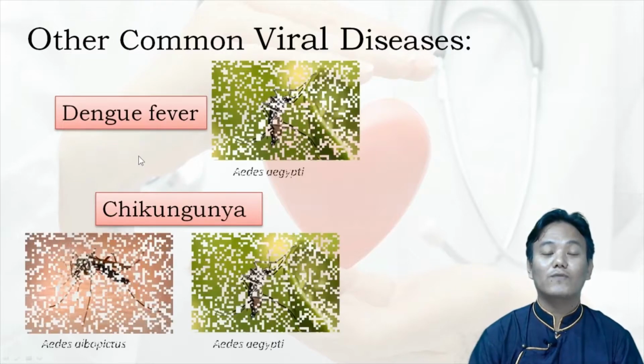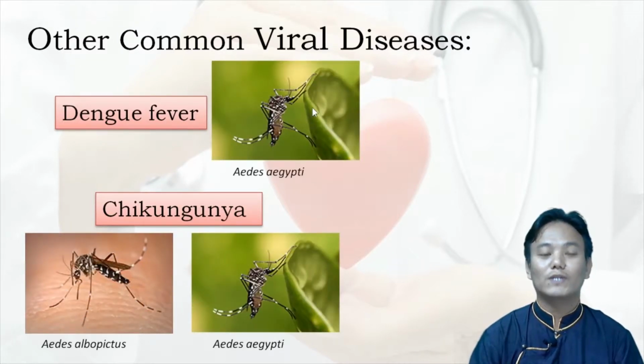If I tell you from now itself, they are spread by mosquitoes, and by different species of mosquitoes. The viruses responsible for these two diseases are carried by these mosquitoes. For example, dengue fever is spread from person to person by Aedes aegypti.